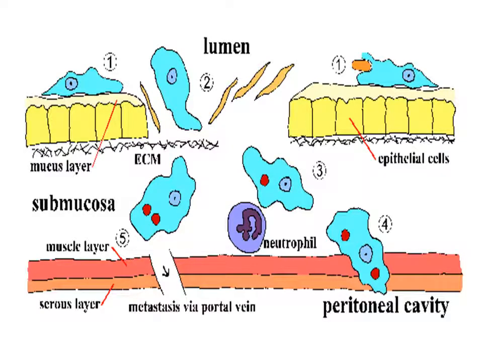This picture shows how the trophozoites invade the mucosa and submucosa of the intestinal lumen.